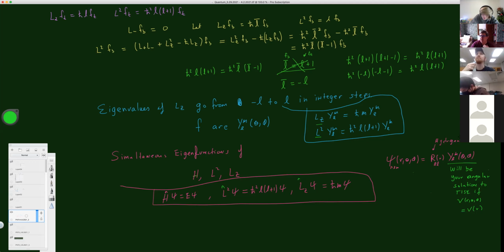Okay, so you will get the spherical harmonics as long as this is the case. So you will have these eigenvalues, etc., as long as this is the case, no matter what the system is. Again, as long as this is the case.